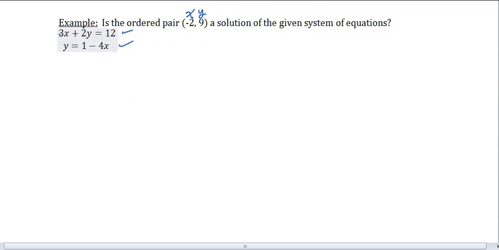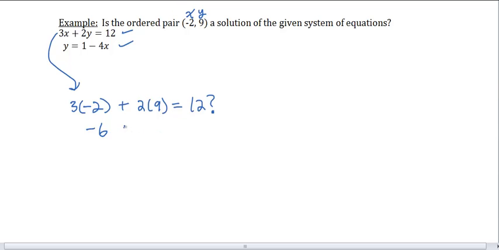So instead of 3x plus 2y equals 12, I have 3 times negative 2 plus 2 times 9, and I want to determine if that equals 12. Well, 3 times negative 2 is negative 6, 2 times 9 is 18, and that does, in fact, equal 12.